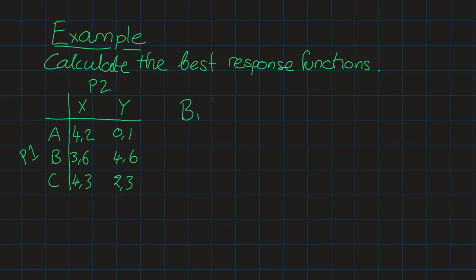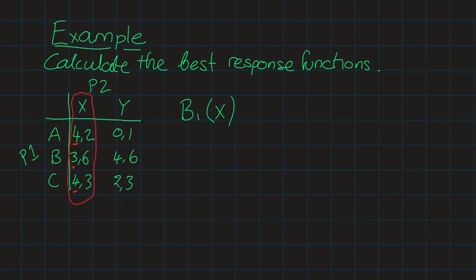The best response for player 1, if player 2 chooses to play X. So if player 2 chooses to play X, we restrict to this column right here. And player 1 has a choice. If player 1 chooses A, they get 4 points. If they choose B, they get 3. And if they choose C, they get 4.